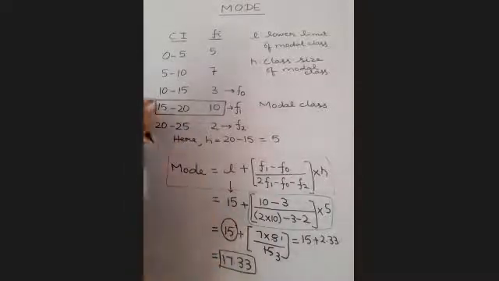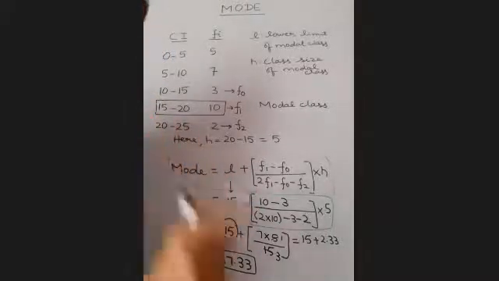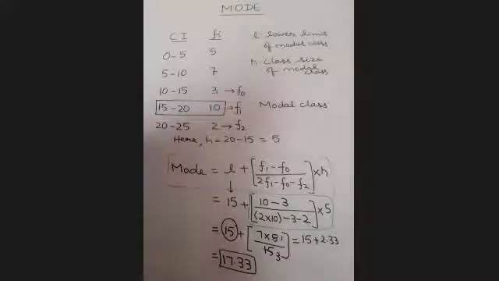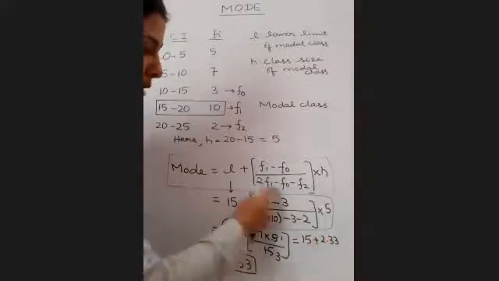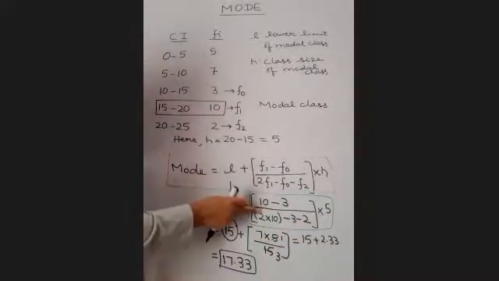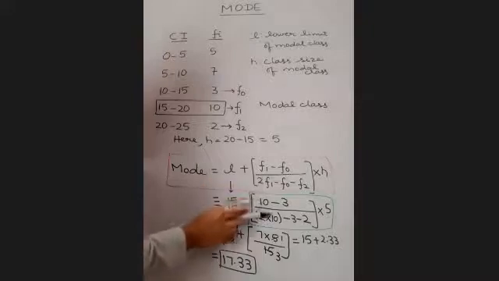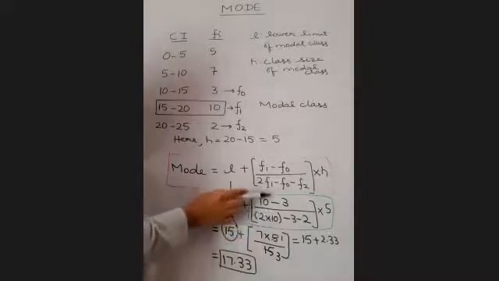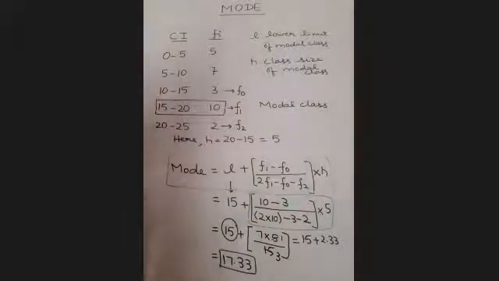Also, mode cannot be less than 15. That means solving this green bracket will never give a negative value. Children, please keep this in mind. If you are getting a negative value after solving the green box, that means you have made some mistake, either in putting the values or in putting the formula. This should never be negative, because negative would mean it is less than 15. It cannot happen. Getting my point?